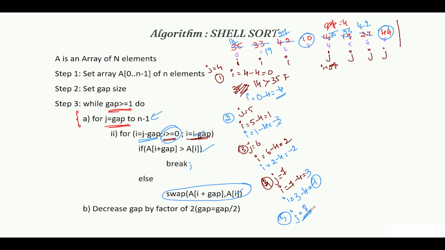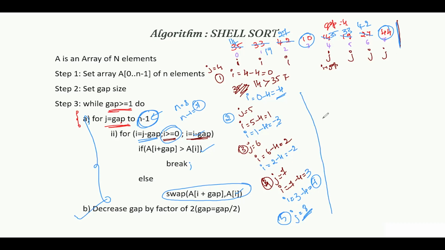When it is incremented to 8, we know that when we are checking the condition of n minus 1, this fails because n value is 8 and n minus 1 is nothing but 7, and we cannot have a j value crossing the 7 because it indicates that I have reached the end of my array. Hence, I will break out of this for loop also. When I break out of the for loop, I will go to the next step, which is nothing but decrease the gap by the factor of 2.